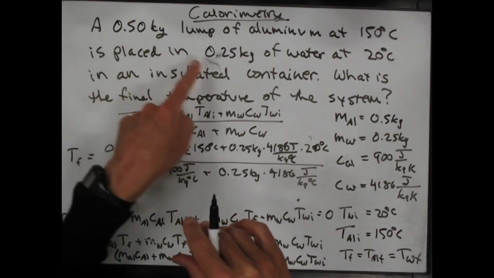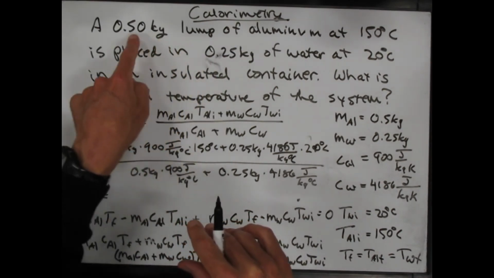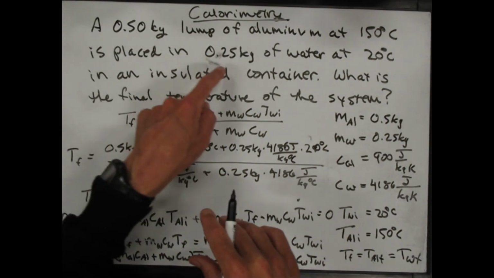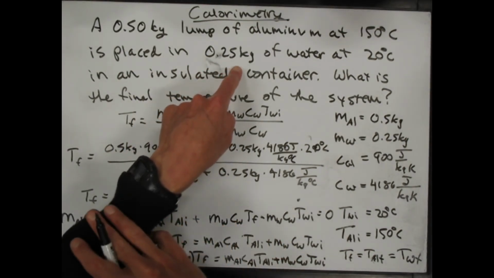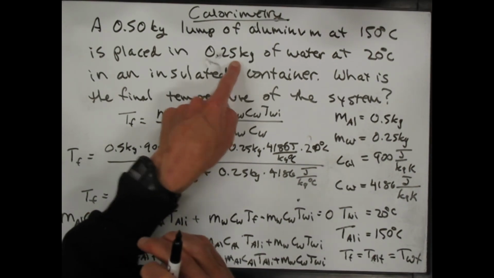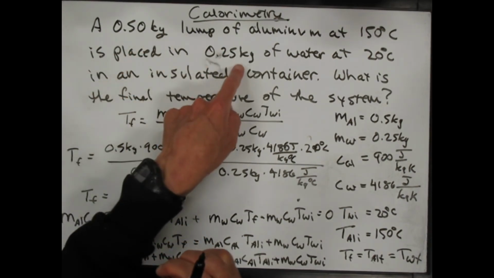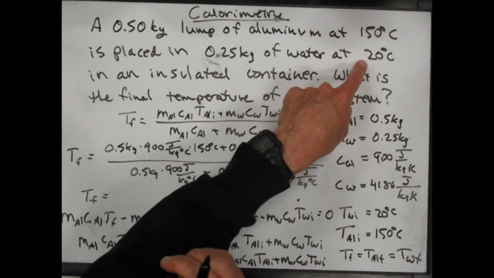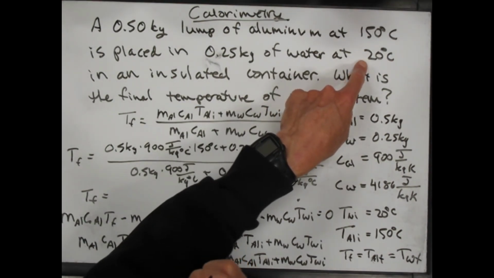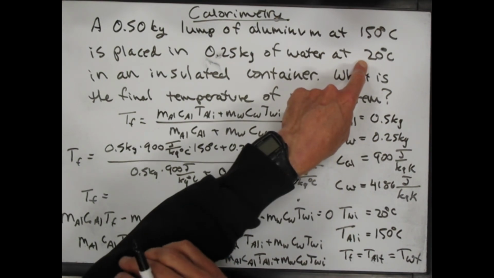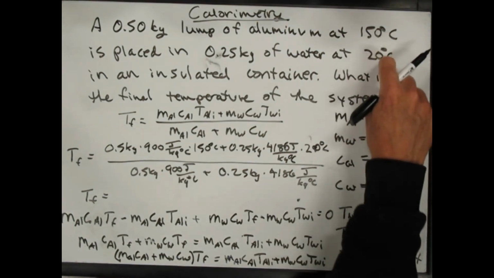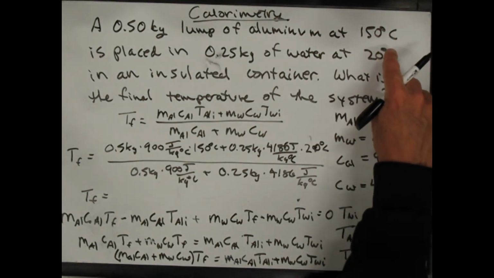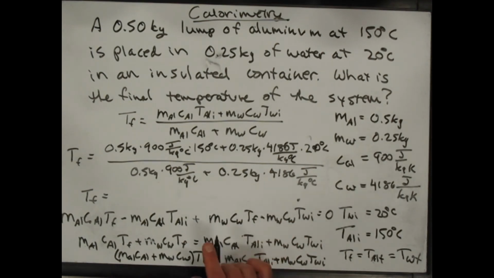We already did an example where we had 0.5 kilograms of aluminum and 0.25 kilograms of water, and we found that it was harder to raise the temperature of this piece than this piece. And so the number is going to be closer to the water's temperature. I can't remember the numbers we got in the last problem, but if you look at the difference between those, 130, maybe a quarter of that, so maybe 50 or 60 degrees Celsius, something like that.